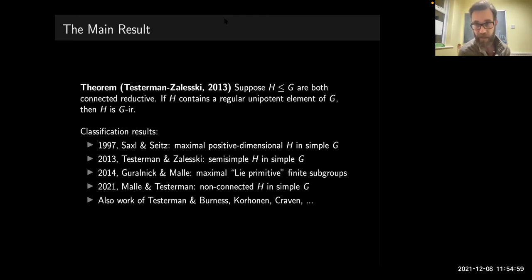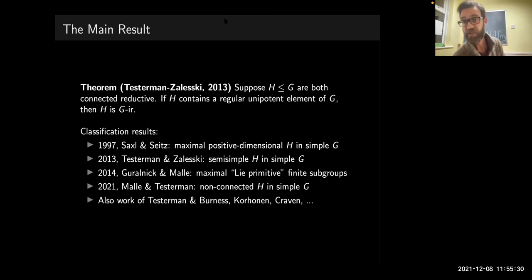This process was begun in '97, I think, by Saxl and Seitz, although the idea is older than that. And by the time it got to 2013, Testerman and Zalesski were able to write down all possible examples of semisimple H's inside simple G's where H contains a regular unipotent element of G.